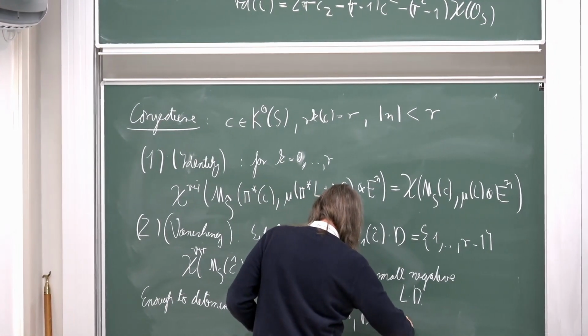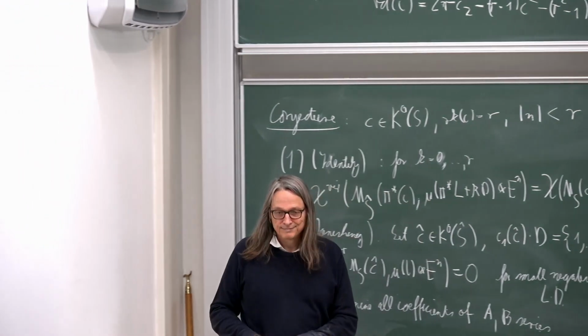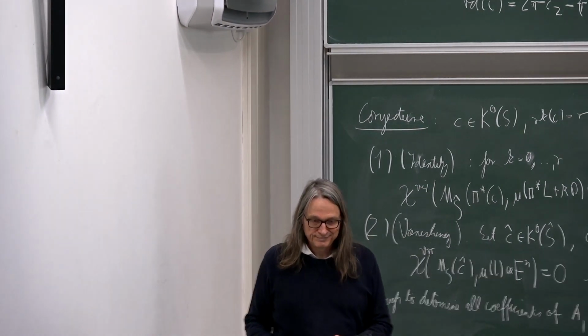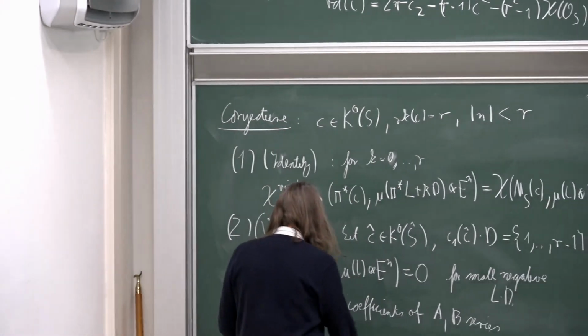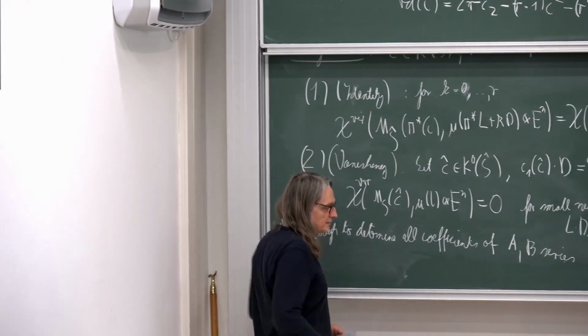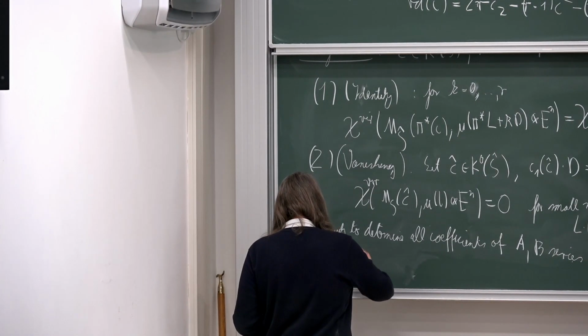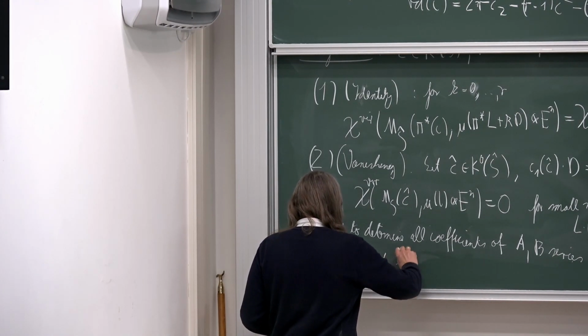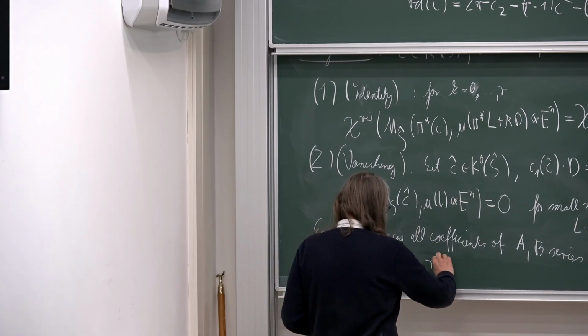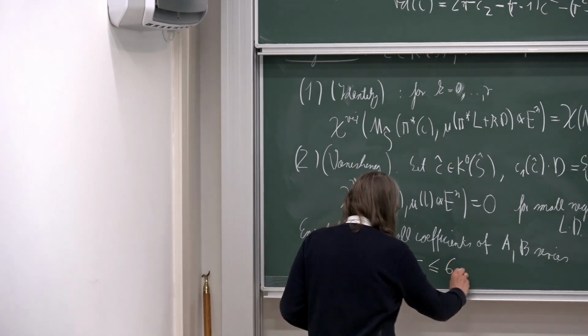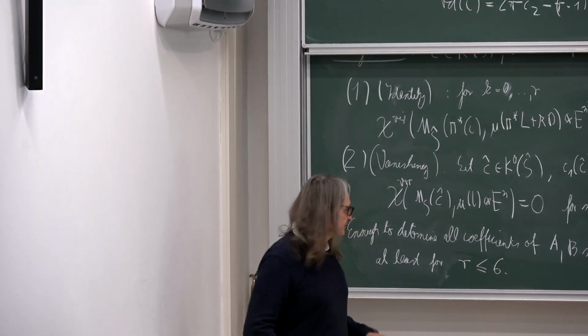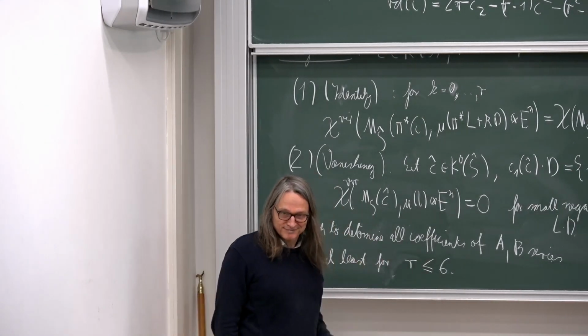Is that a mathematical statement or heuristic? Does this actually completely pin them down? No, I checked it by doing it, at least for r smaller than 6. I just wrote a program which does it.